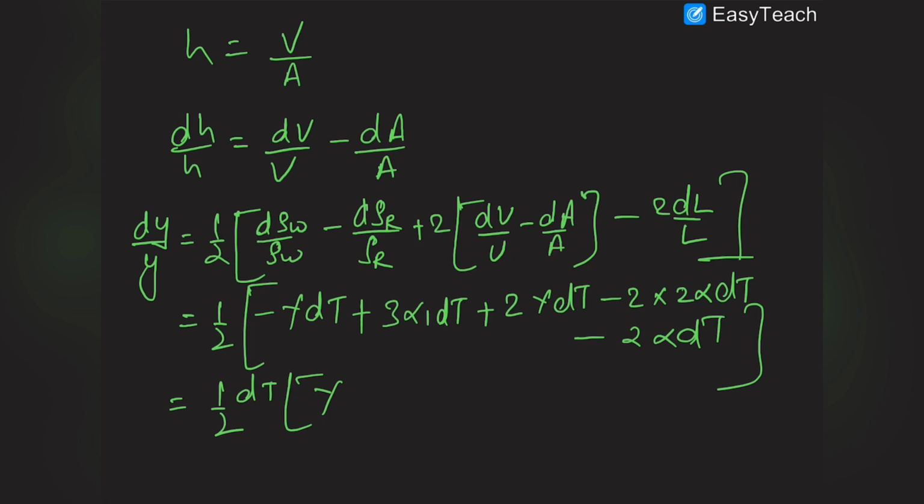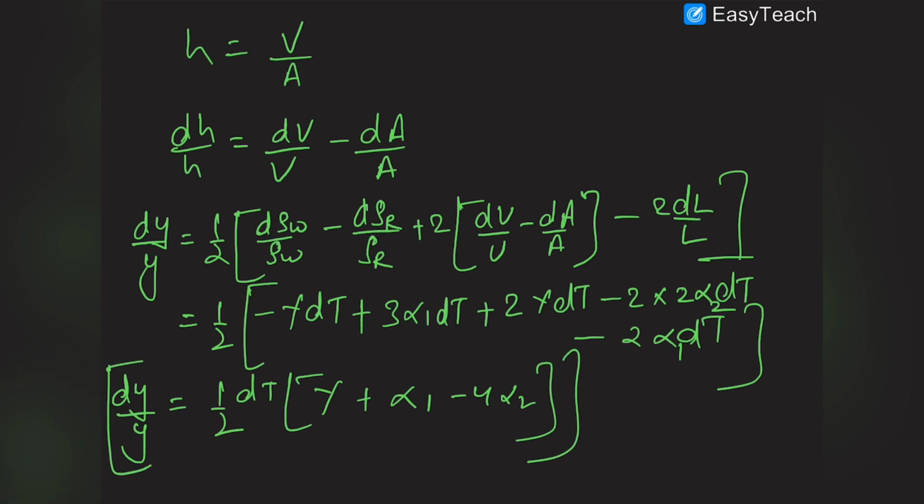Okay, so this is alpha 2 and L is the length of the rod, so this is alpha 1. So you can see that this is 3 alpha 1 and 2 alpha 1 with a negative sign, so it would be plus alpha 1, and here it would be minus 4 alpha 2. So this would be the fractional change in y.